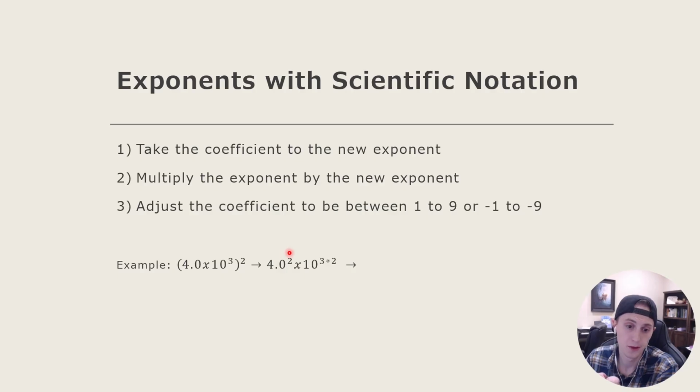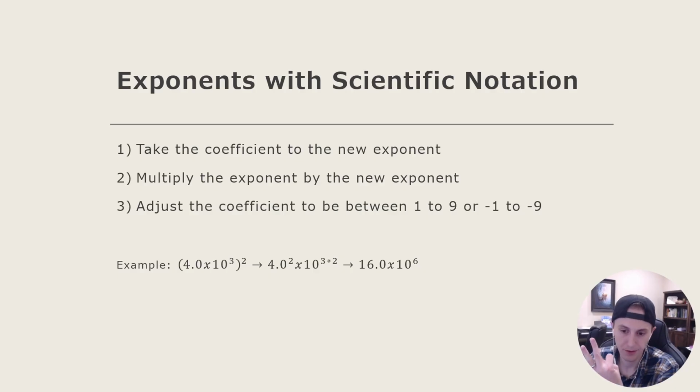Now we have 4.0 squared times 10 to the, step 2, multiply the exponent by the new exponent. Multiply this 3 by 2. Here we have it, 3 times 2. So now let's simplify that. We get 4 squared, which is 16, and 3 times 2, which is 6. 16.0 times 10 to the 6th.